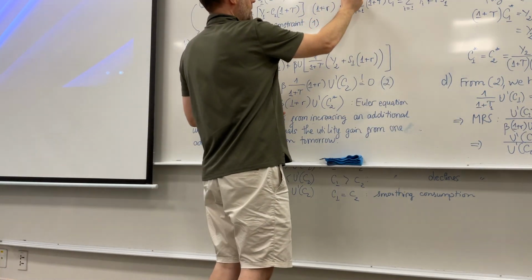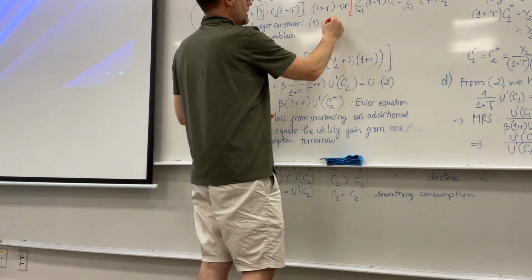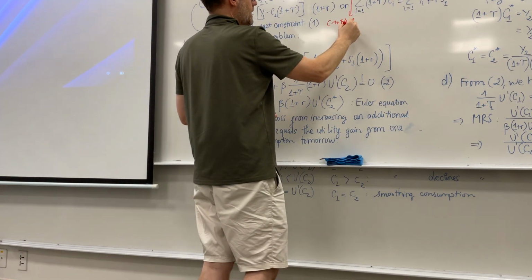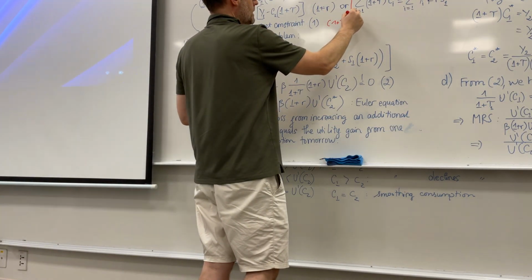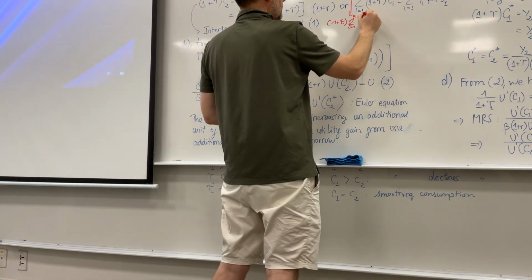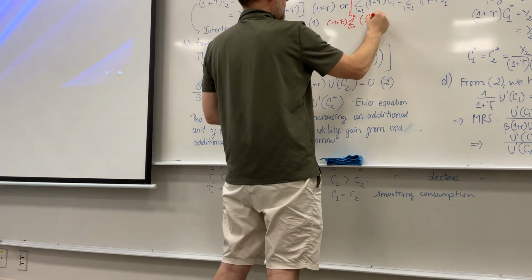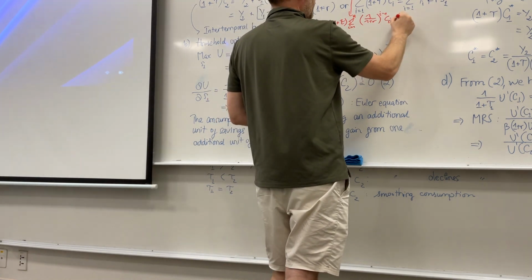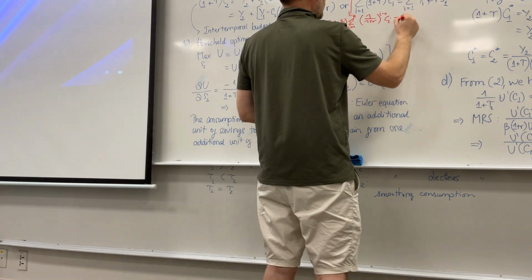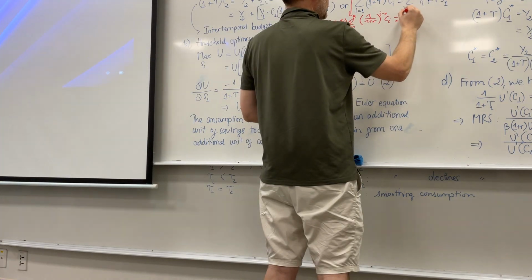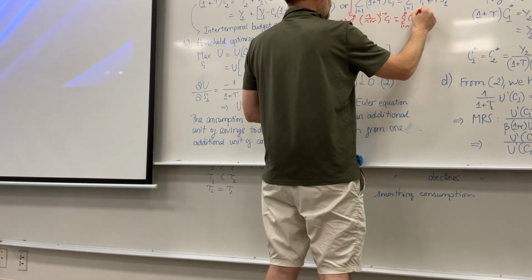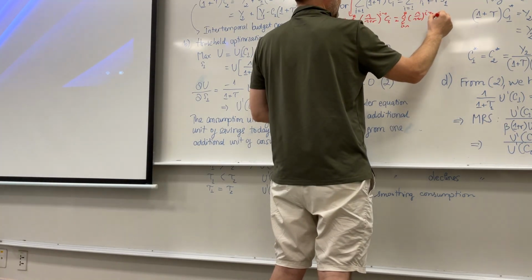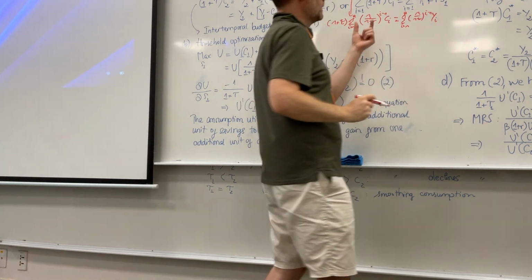And then, if I'm going to write this in sum notation, I would get (1 plus tau) times the sum over i equals 1, 2 of 1 over (1 plus r) to the i minus 1 times c_i equals the sum over i equals 1, 2 of 1 over (1 plus r) to the i minus 1 times y_i.